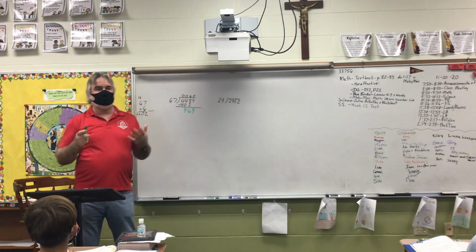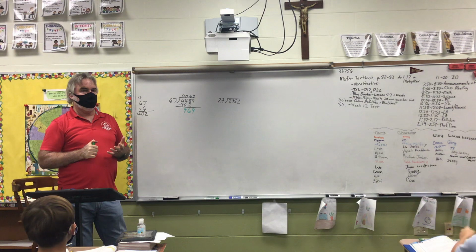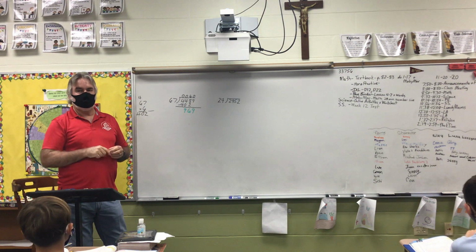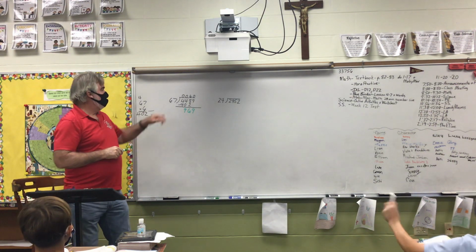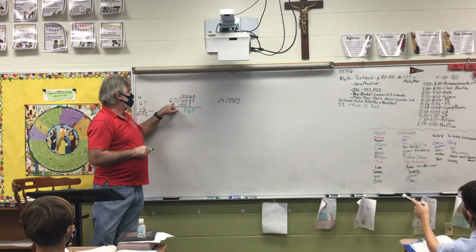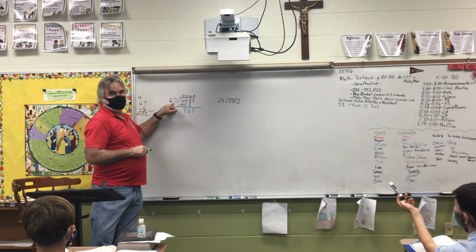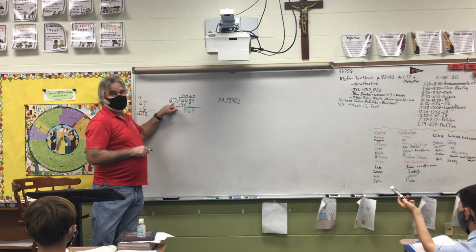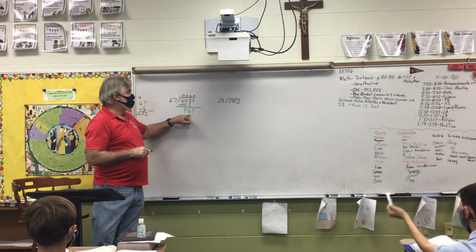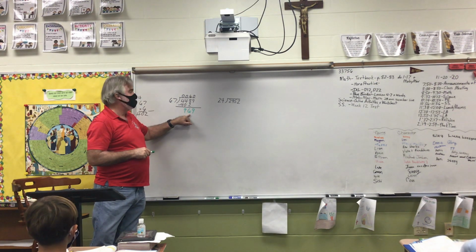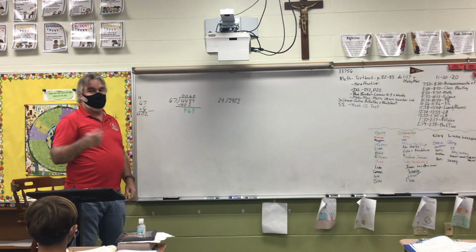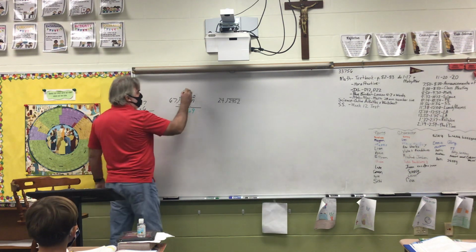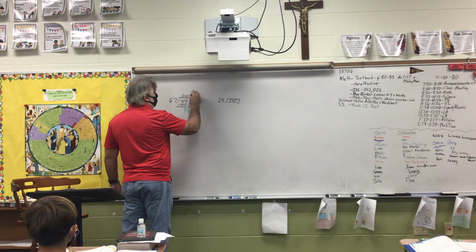So what is my division problem now? The divisor, 67, is going into 469. And it goes how many times? 7. So I'm going to put the 7 up above.